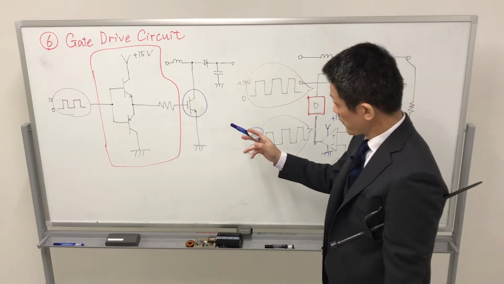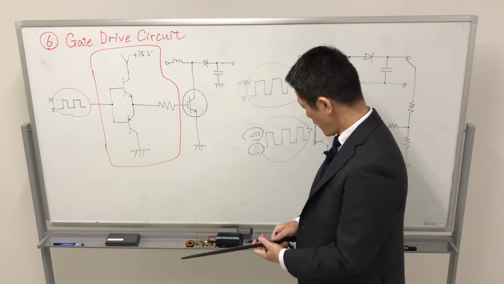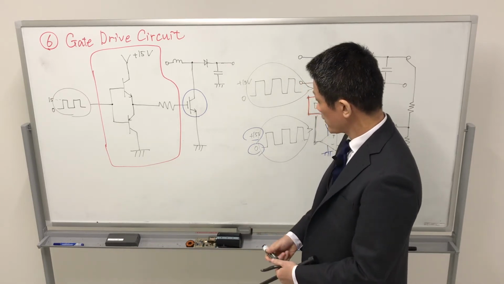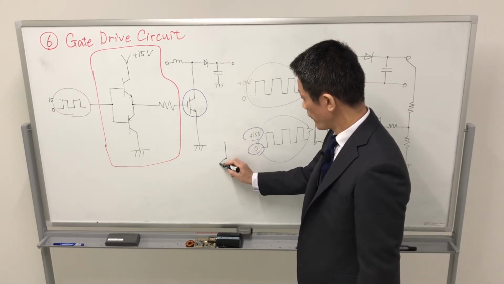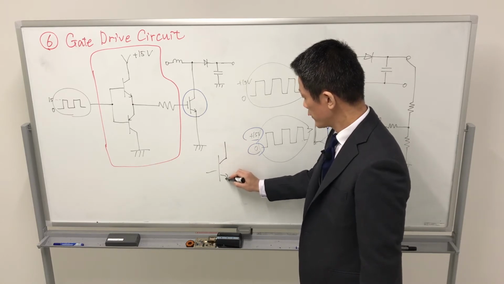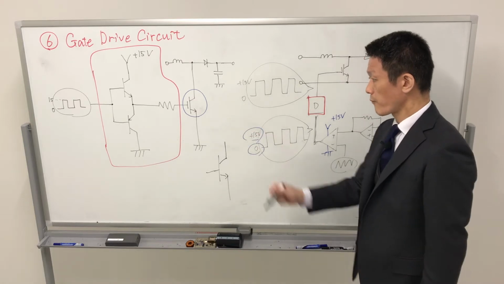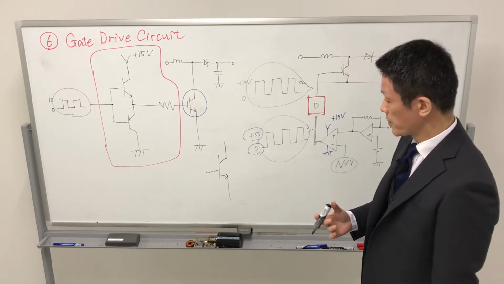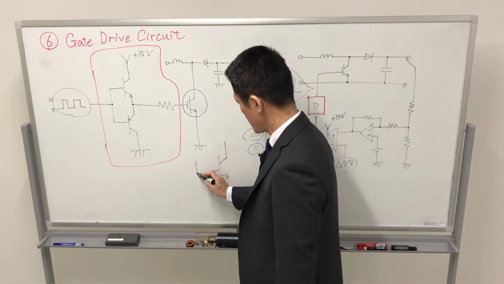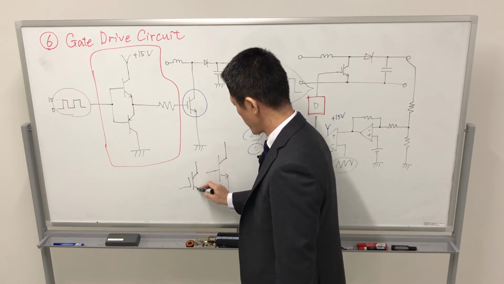Let's look at the power semiconductor symbols. Usually the bipolar transistor, we use this one. But for IGBTs, the symbol is here.